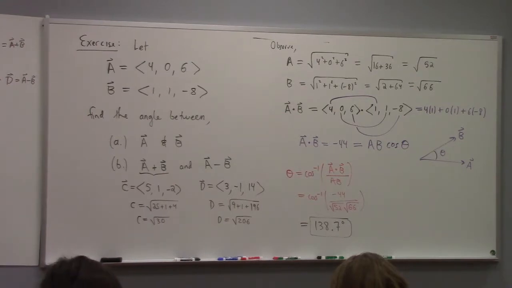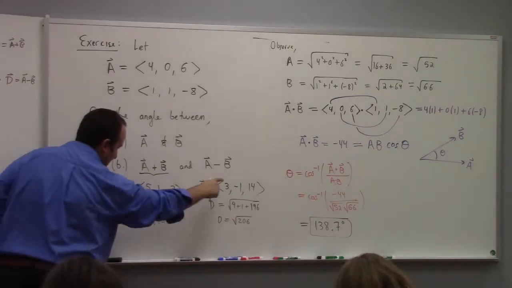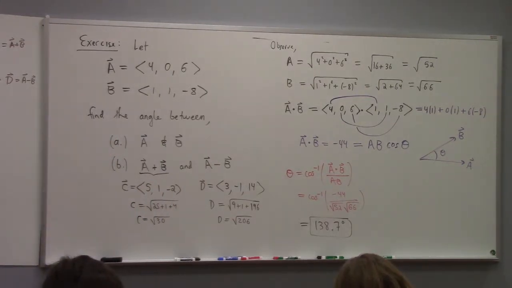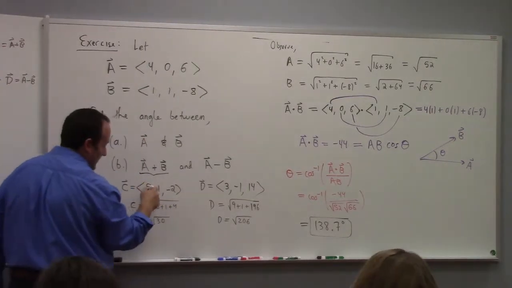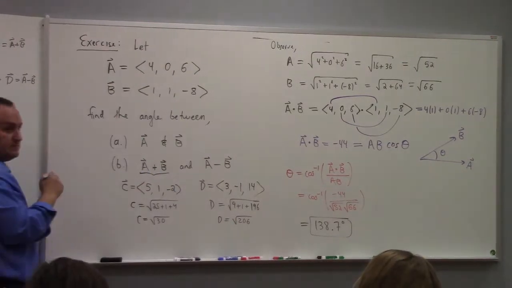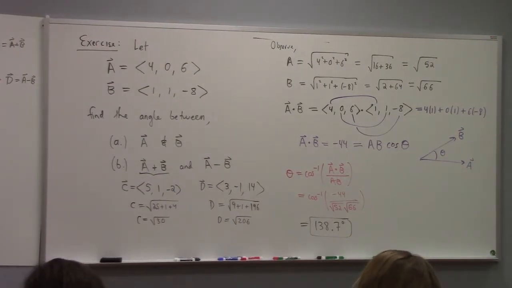So what's C dot D? What's the dot product of C and D equal to? You just got to take 15, right? We've got 15 minus 1, 3 times 5, minus 1, minus 28, is equal to, well, the square root of 30 times the square root of 206 times the cosine of beta.